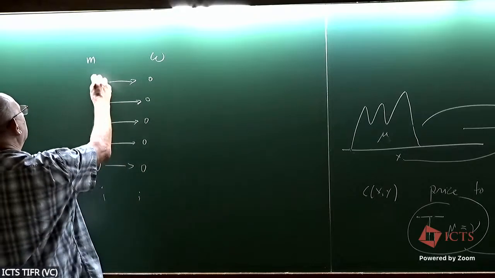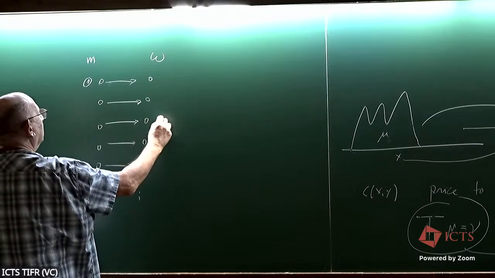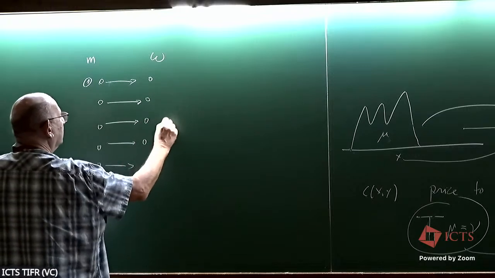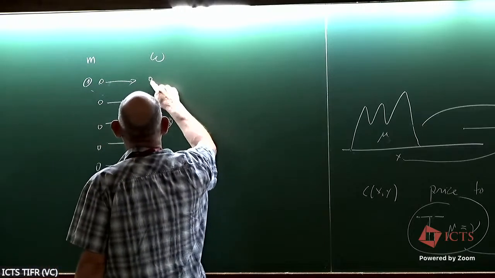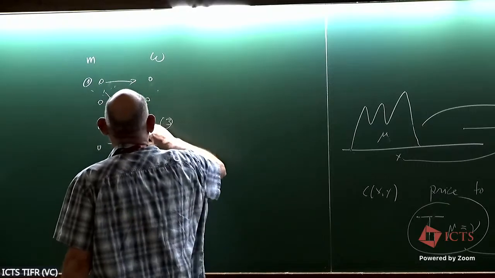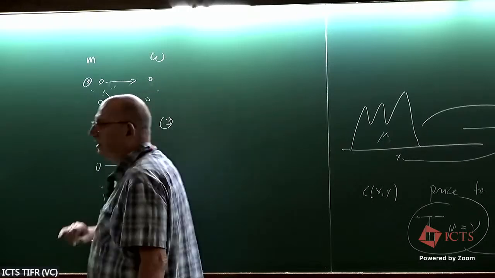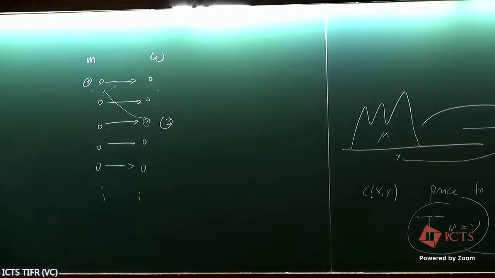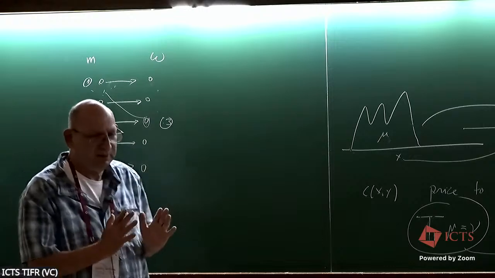If, say, man 1 prefers woman, say, 3 over his wife, and woman 3 prefers man 1 over her husband, then this is unstable. The marriage will break. And the question is, is there always a possibility to match them in a stable way?